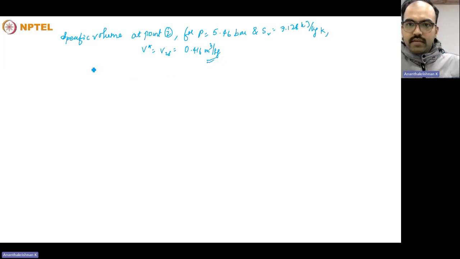We know the steam flow rate is equal to 1 kilogram per second. That will be equal to A star into velocity star divided by nu star.